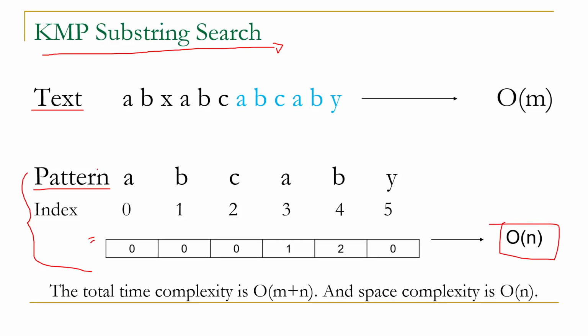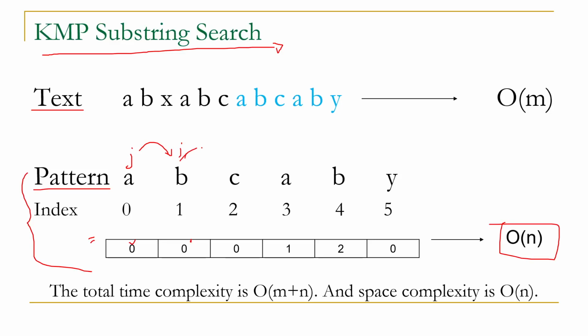Again we can see how we can make this array. This is J and this is I. Then we check if this is matched or mismatched. This is mismatched, so we can input 0. Initially this is 0 and this is 0. Why? Because this is mismatched.